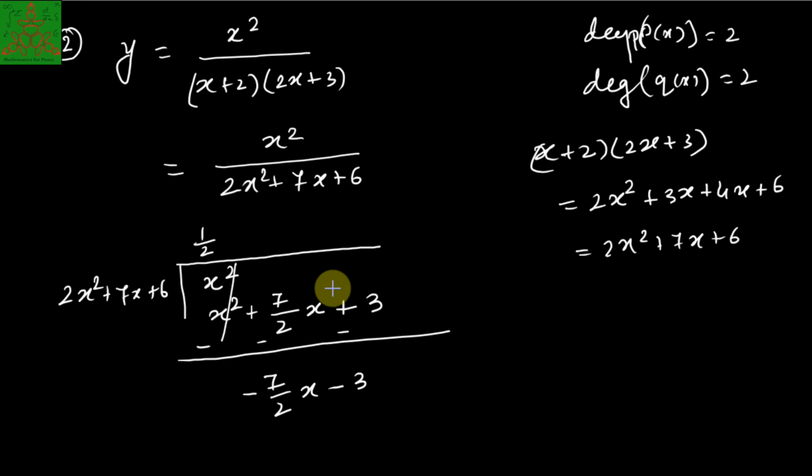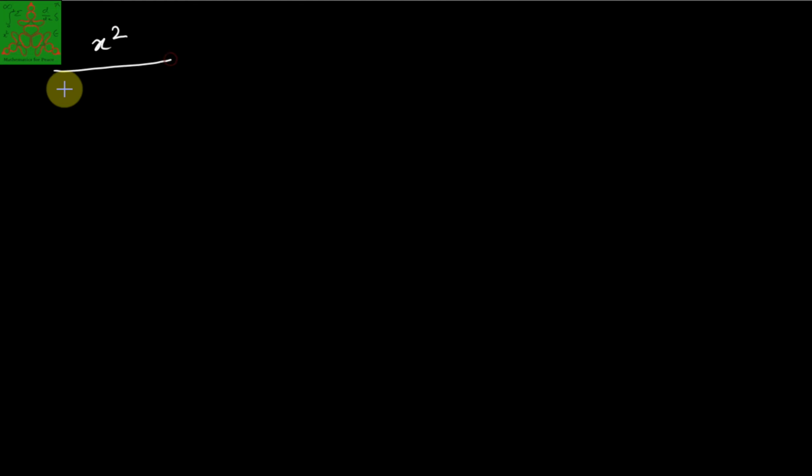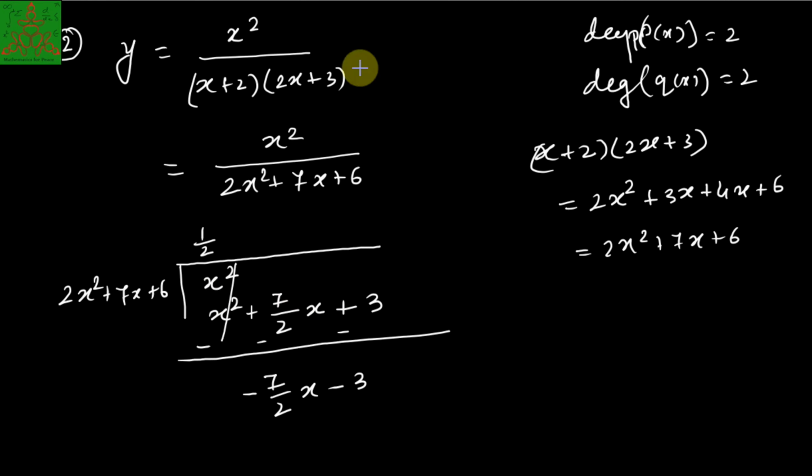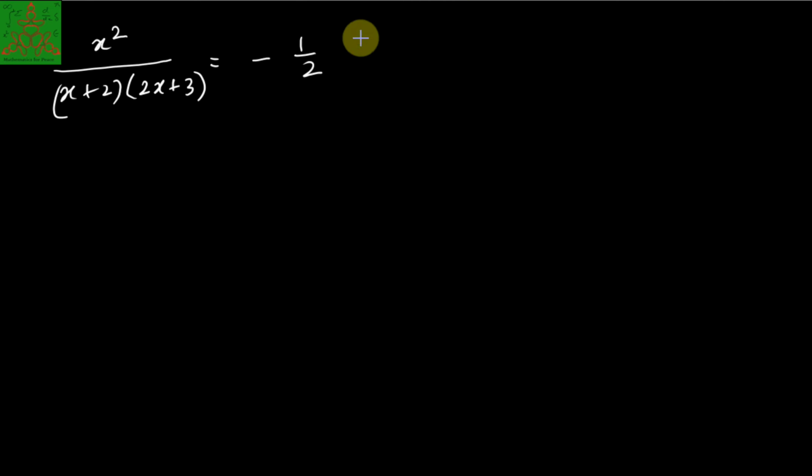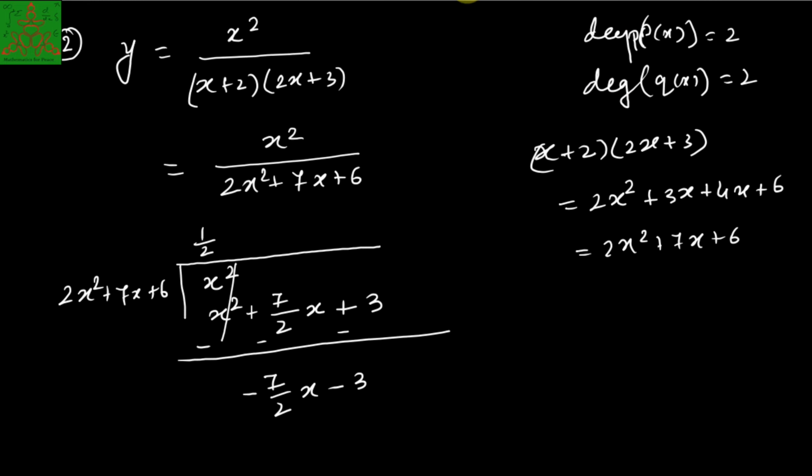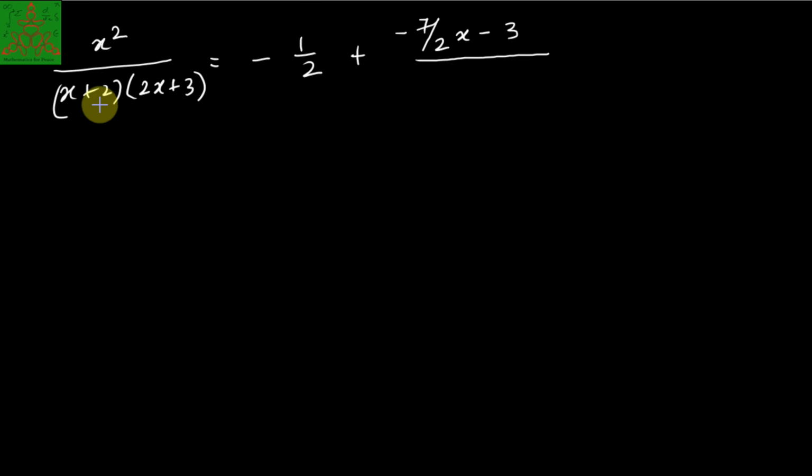And this expression I can now rewrite as x square upon x plus 2 into 2x plus 3 equals 1 by 2 plus minus 7 by 2 x minus 3 upon x plus 2, 2x plus 3.